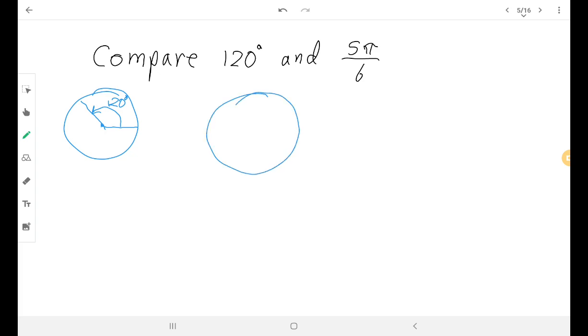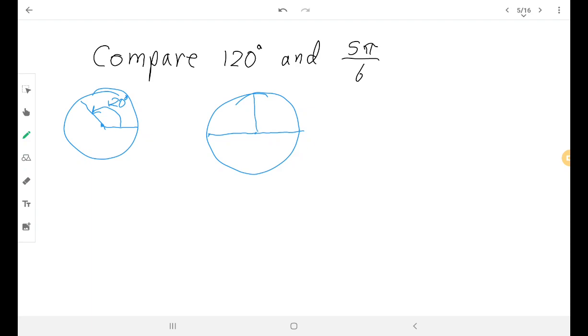Now, how do you do 5 pi over 6 radians? Well, you use the idea that 180 degrees is pi radians, right? So each half of the circle takes up pi radians. There's 2 pi radians in a full rotation of the circle. So if I'm looking at sixths, that is to say I take half of it and divide it into 6 equal parts.